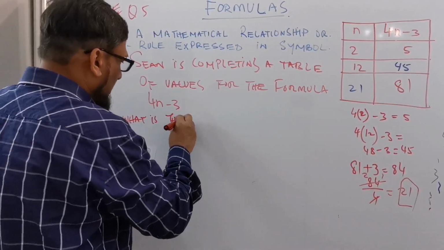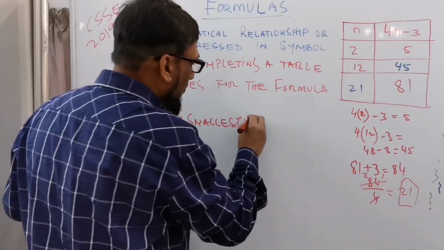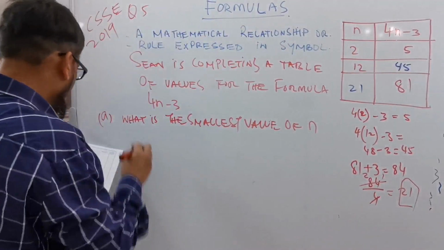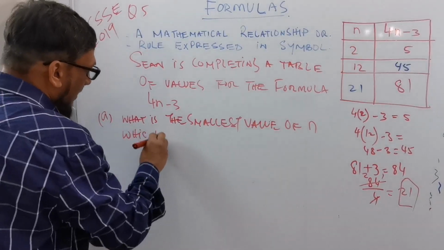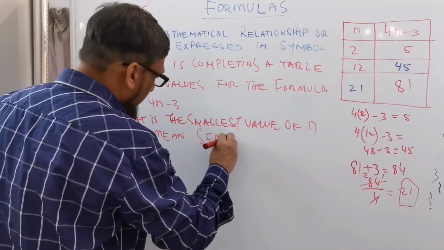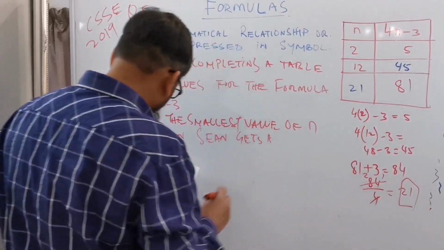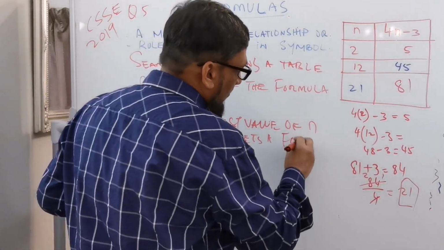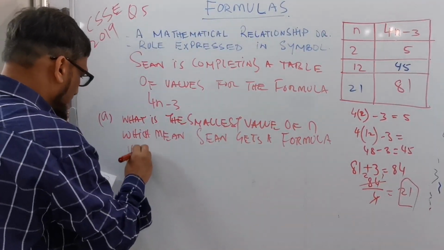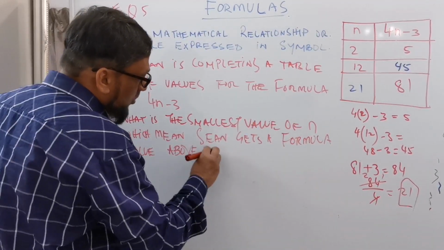So they're asking what is the smallest value of n, which means Sean gets a formula value above 200.